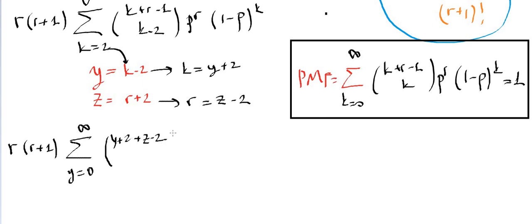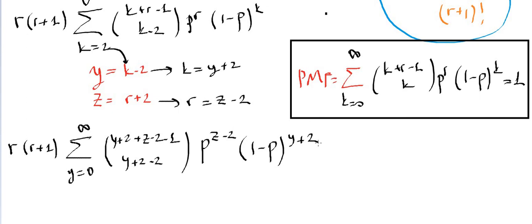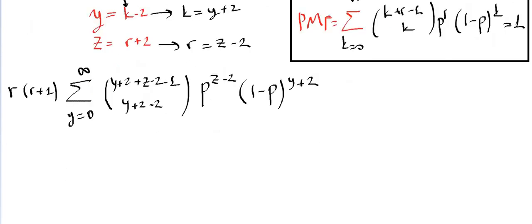And we have negative 1 here. Instead of this k, we're going to use again y plus 2. And we have negative 2 here. p to the r, instead of r, we're going to use z minus 2. 1 minus p to the k, instead of k, we're going to use y plus 2. Now, negative 2 cancels negative 2.